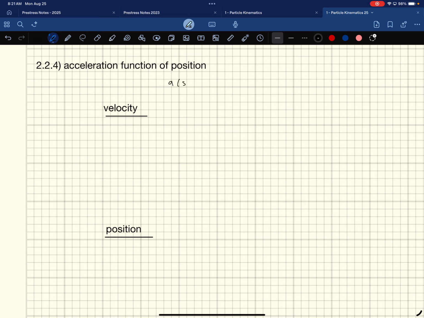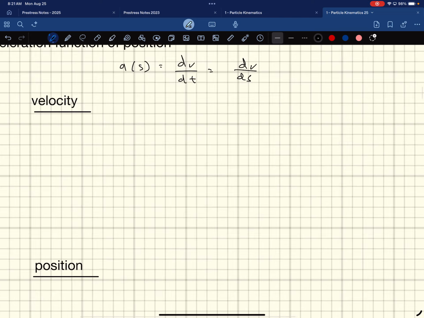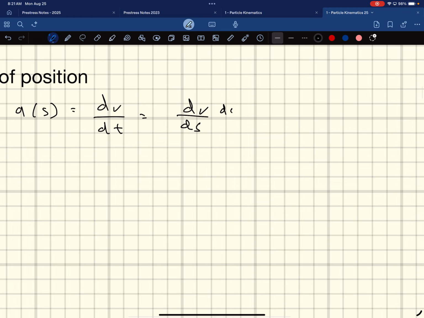So we start out with a(s) is equal to dv/dt. Again, I can't just put the dt on the left-hand side. I've got an s floating around, right? I can't just do that. You can't take that integral, right? So at this point, I'm going to do that chain rule again. You've got to get s in there somehow. dv/ds, ds/dt.